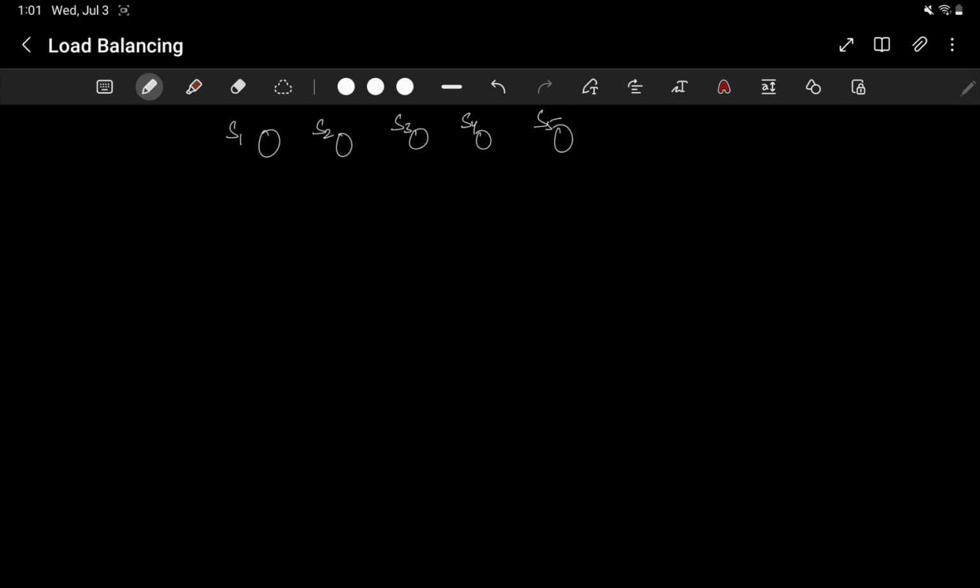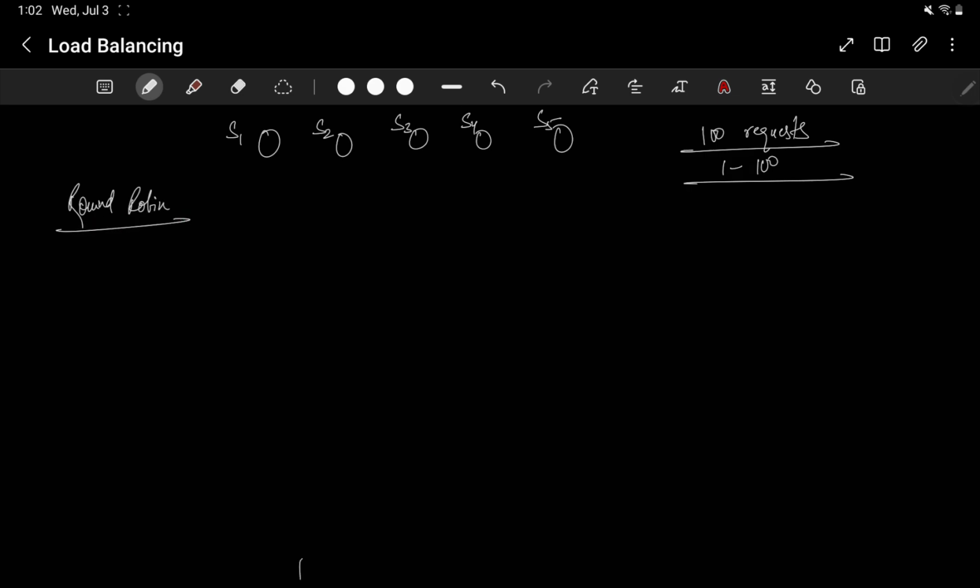And we have 100 requests, represented by numbers from 1 to 100, right? The first approach can be round robin.